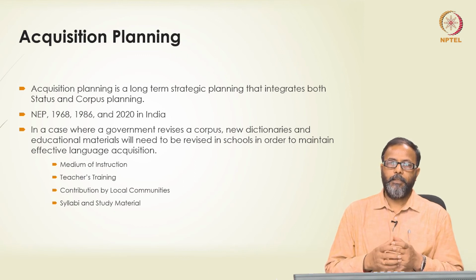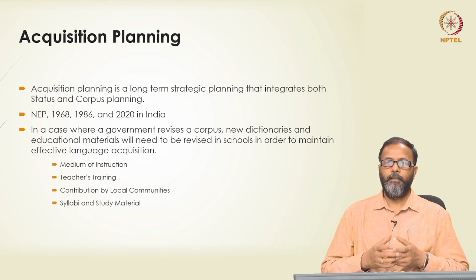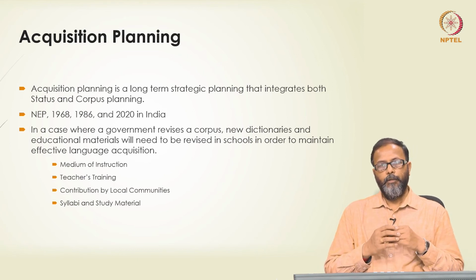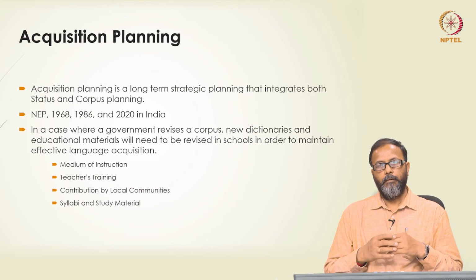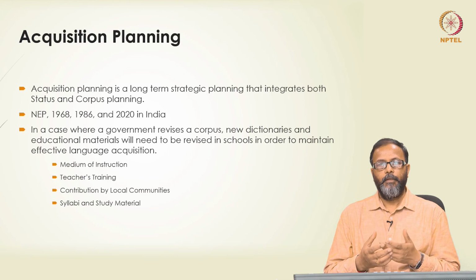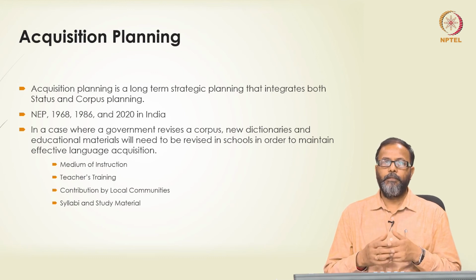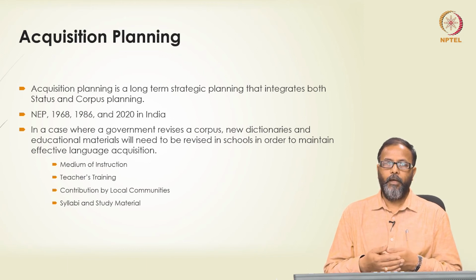So the third type of planning is acquisition planning, where the newly chosen variety with modified and enriched corpus is introduced in the school curriculum, and it helps us to create a wider user base.